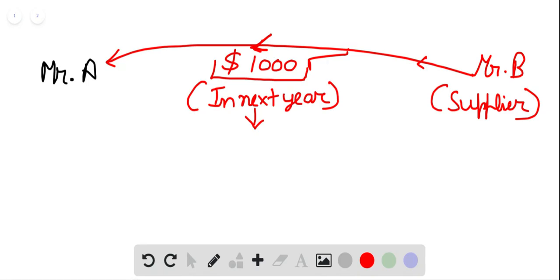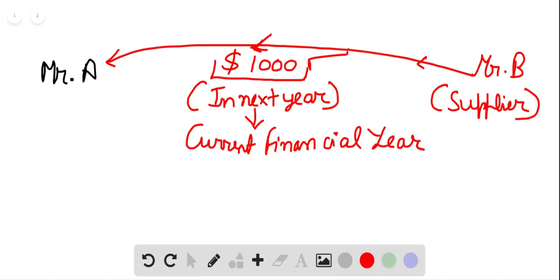So therefore, this $1,000 will be recognized as expenses in the current financial year. Okay, that is clear. So that is stated by the expense recognition concept. Okay, so this is our example one.